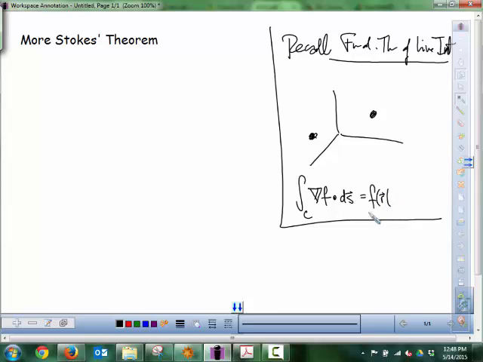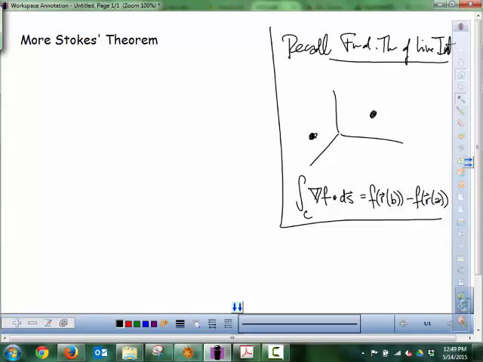So assuming that we parameterize C with R, we can write this at the endpoints.